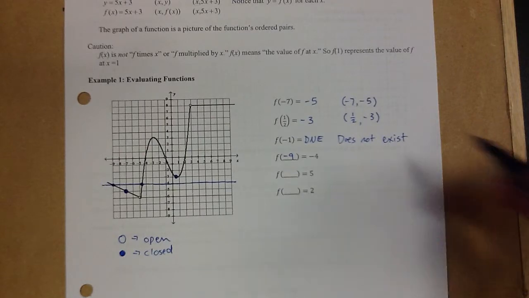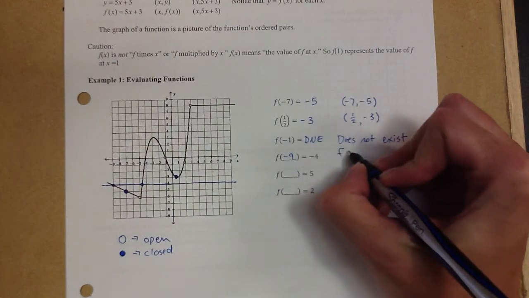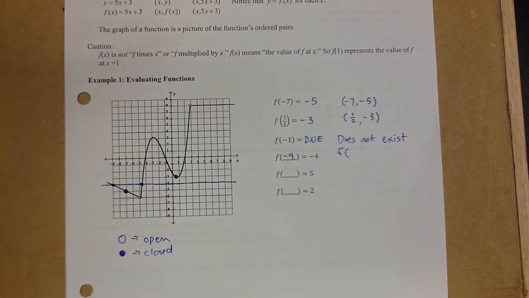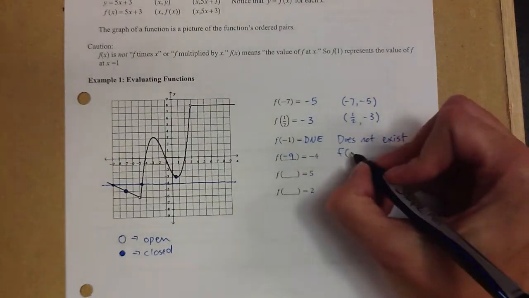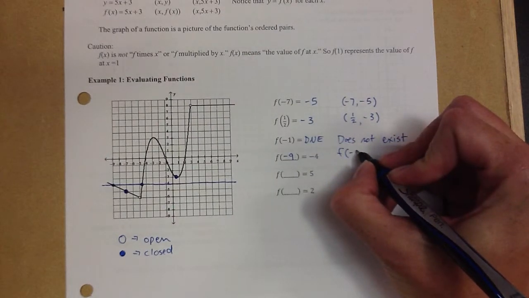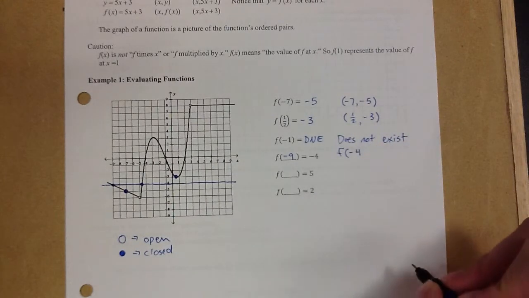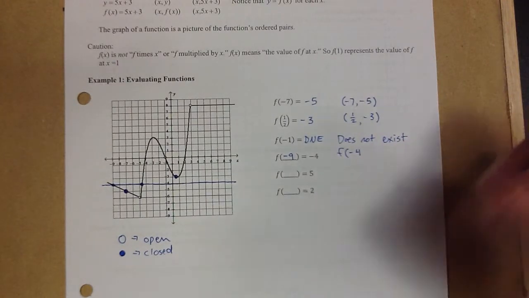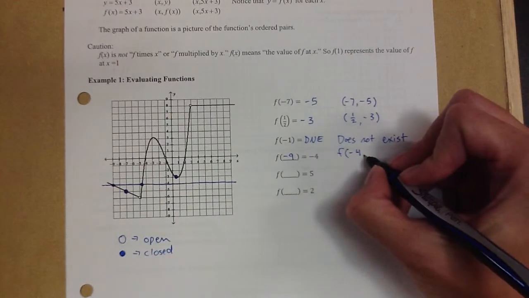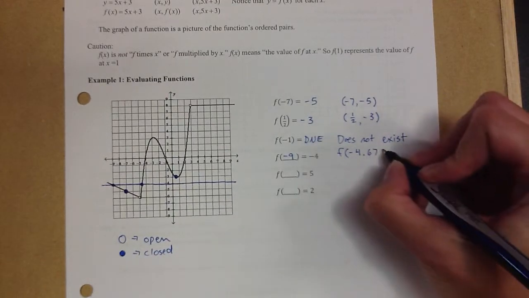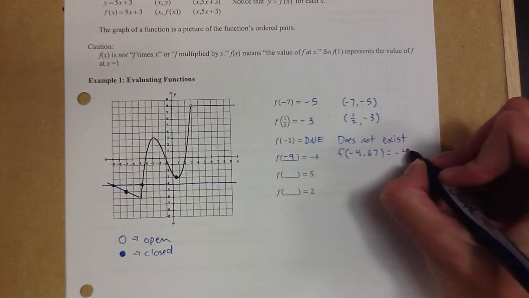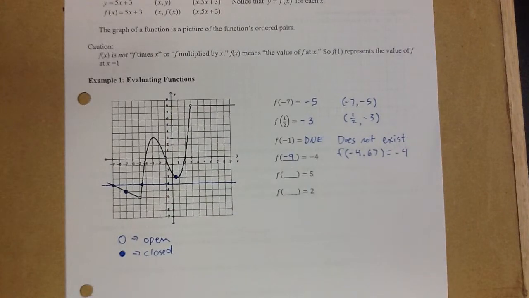Or when, let's say, f of 4 point what? 7.5, 6.7. Okay, we'll go 6.7. That's 2/3. So 4.67, we have -4 and 2/3.